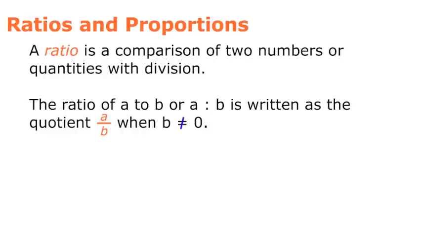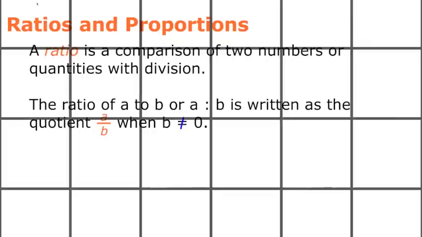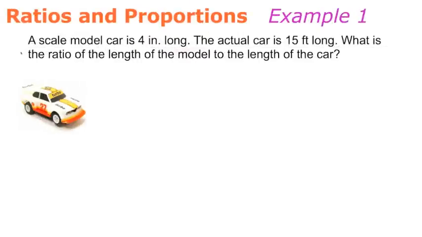So let's take a look at how to set up a ratio given a real-world problem-solving situation. Example 1. A scale model car is 4 inches long. The actual car is 15 feet long. What is the ratio of the length of the model to the length of the car? We understand that we're going to need to set up a ratio because it tells us to.